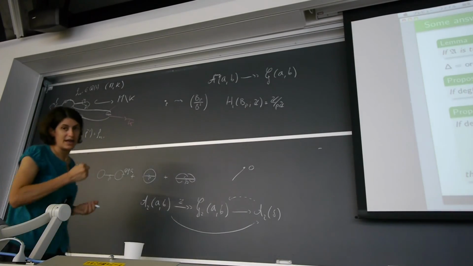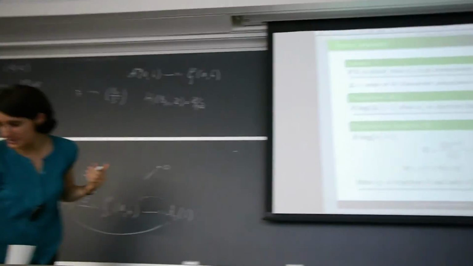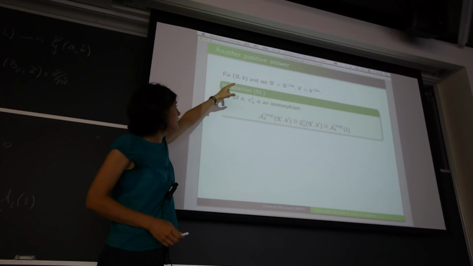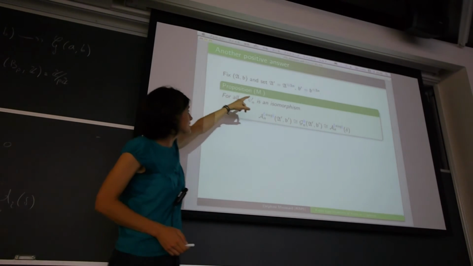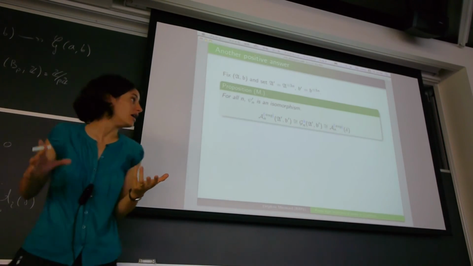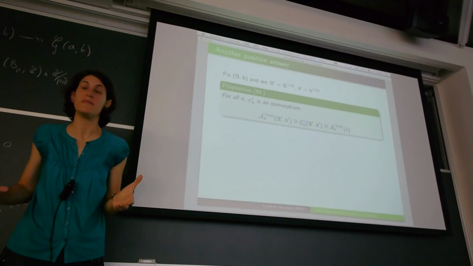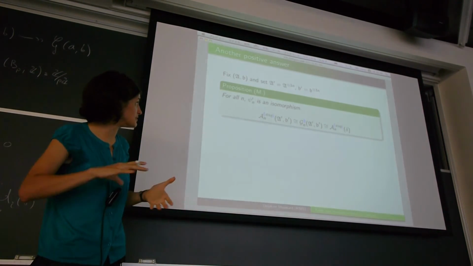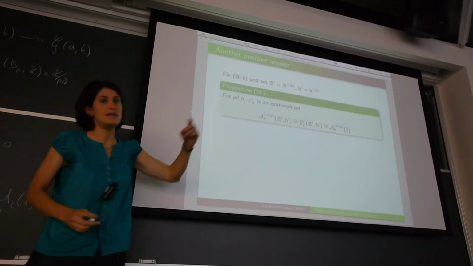But there is one case where we can do that. So if we fix an Alexander module A with Blanchard form B, we can consider the Alexander module A prime, which is a direct sum of 3n copies of A, with a direct sum of the Blanchard forms.